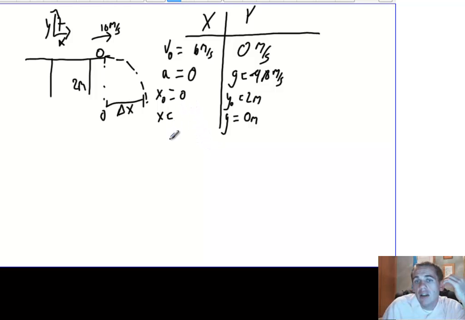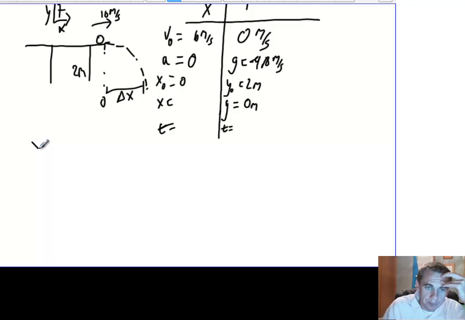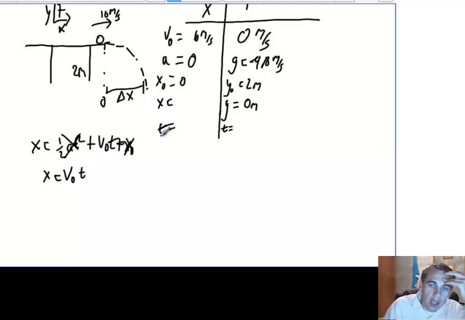And the other thing I can talk about is time. Now, the cool thing about time is that since the ball is moving in both directions at the same time, the time is the same for both of these problems. So if I want to know how far away the ball lands, what I really want to know is x, which equals 1/2 a t squared plus v naught t plus x naught. Well, the acceleration is 0 and x naught is 0, so I have x equals v naught t, but I don't know time.